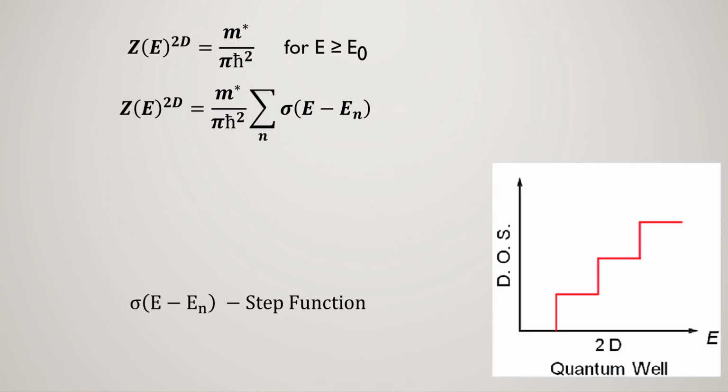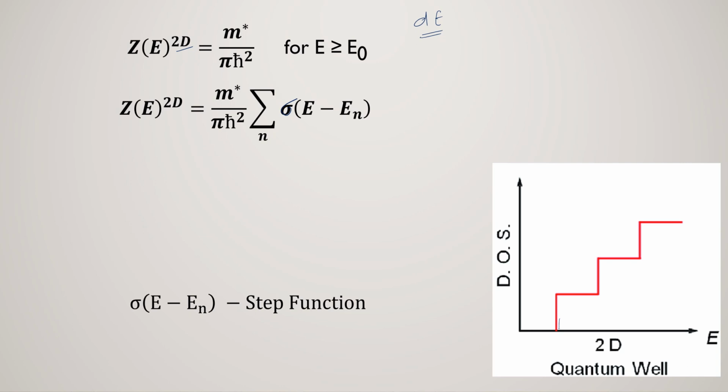That is, for a two-dimensional structure, the density of states is m by pi h cross square, times the difference in energy dE. The dE is written as E minus En, and the summation is over n number of energy levels. Sigma denotes the movement of the electron in the two-dimensional structure.